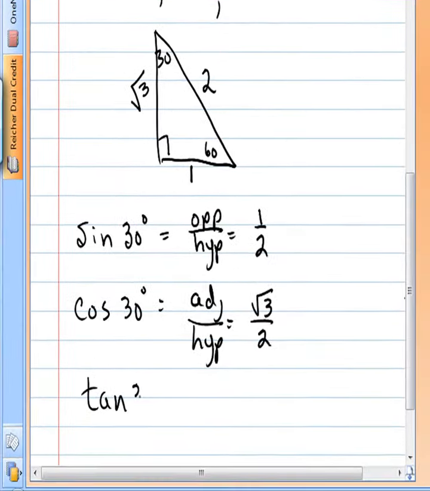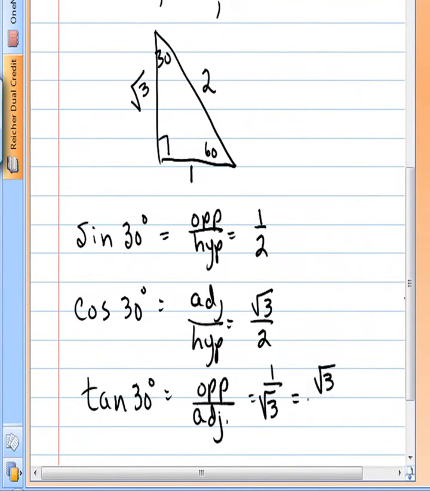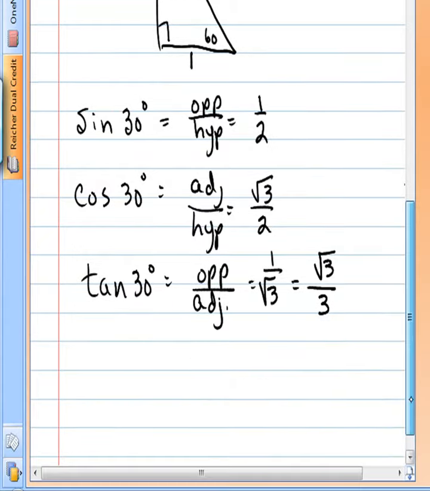Tan of 30 is opposite over adjacent, so that would be 1 over the square root of 3, and we always want to rationalize that, so it would be square root of 3 over 3.